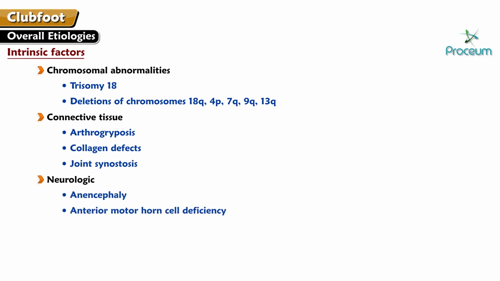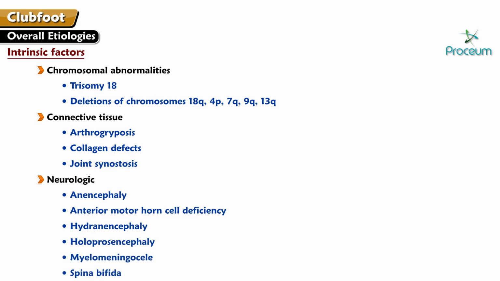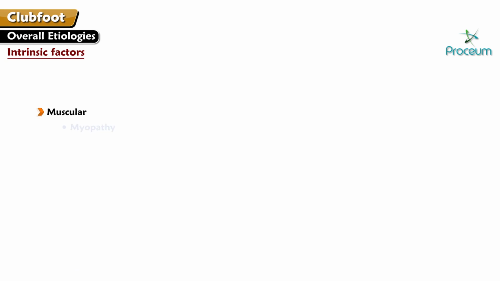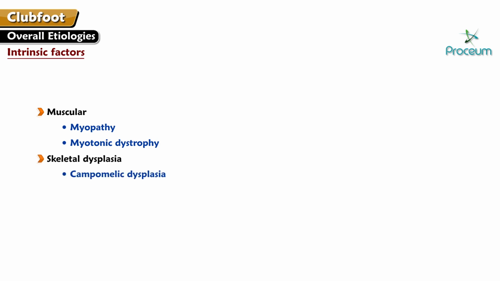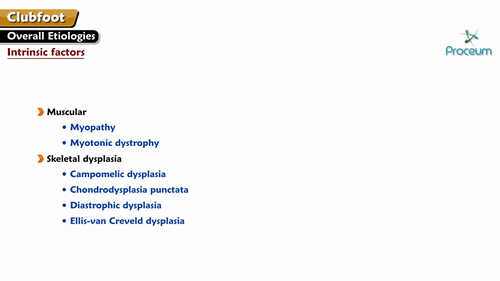Anencephaly, anterior motor horn cell deficiency, hydranencephaly, holoprosencephaly, myelomeningocele and spina bifida. Muscular, myopathy, myotonic dystrophy, skeletal dysplasia, campomelic dysplasia, chondrodysplasia punctata, diastrophic dysplasia, Ellis-van Creveld dysplasia.